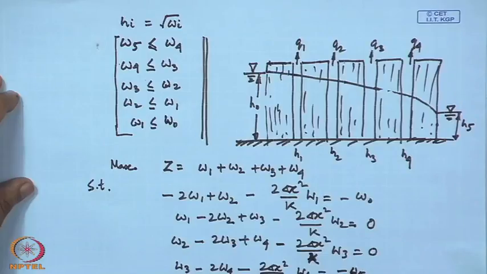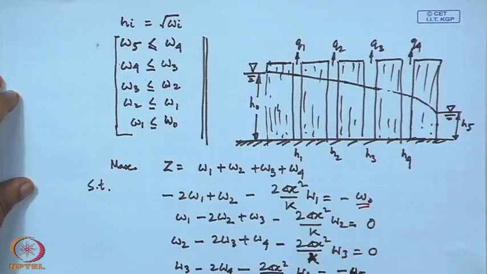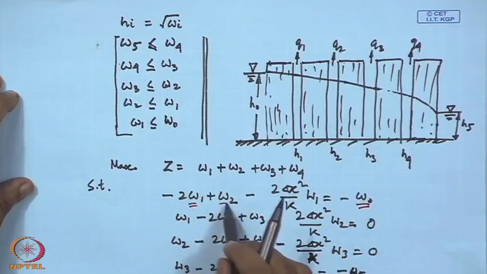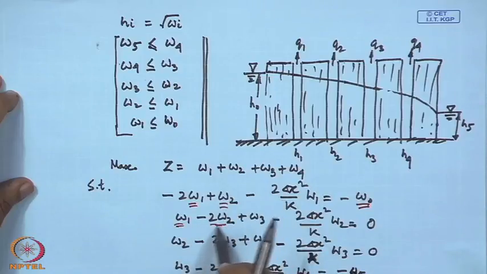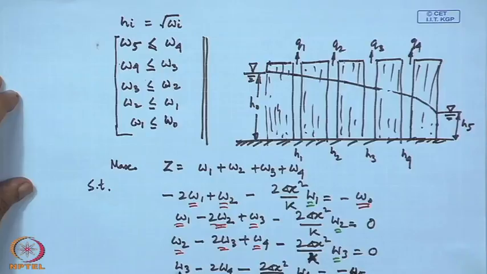All these are small w's, these two are small w's on this side, and these are basically capital W values, or pumping values. These correspond to our hydraulic head.